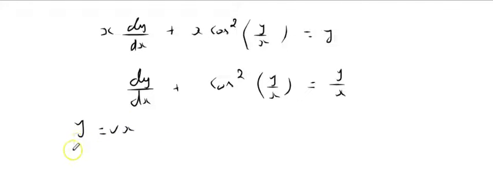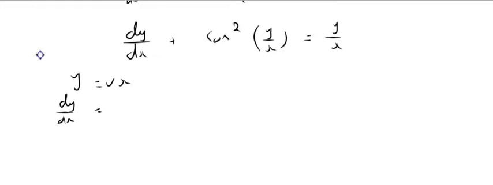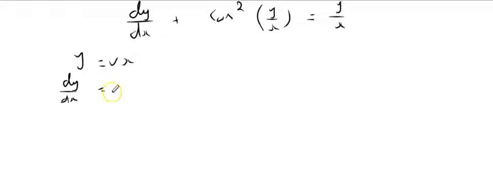On differentiating on both sides, we differentiate vx using the product rule. Taking v as u and x as v, when I differentiate x, I get 1, and on differentiating v, I get dv/dx.